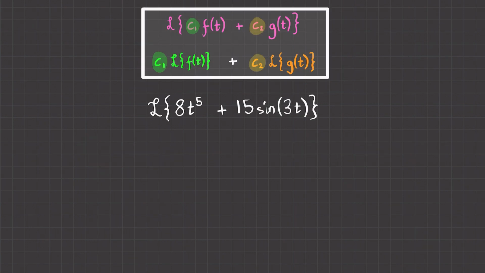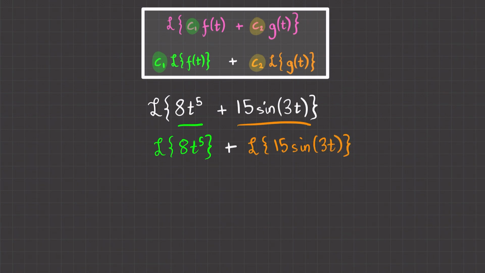If we have the Laplace transform of 8t to the 5 plus 15 sine 3t, we can first break it down into this and this. We have the Laplace transform of 8t to the 5 plus the Laplace transform of 15 sine 3t.